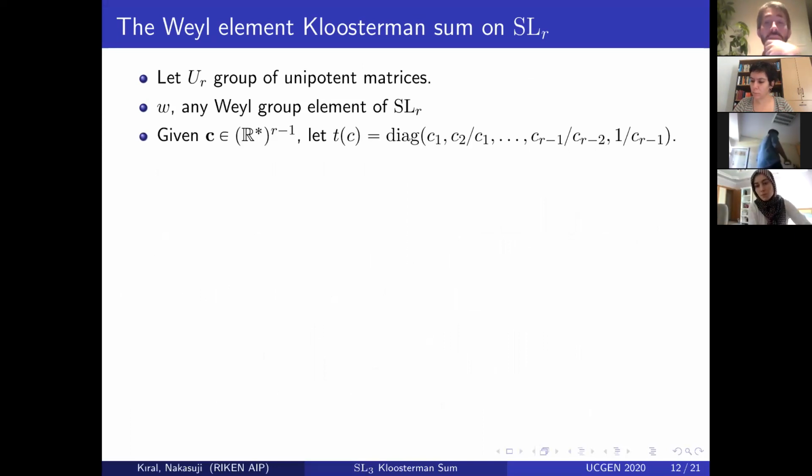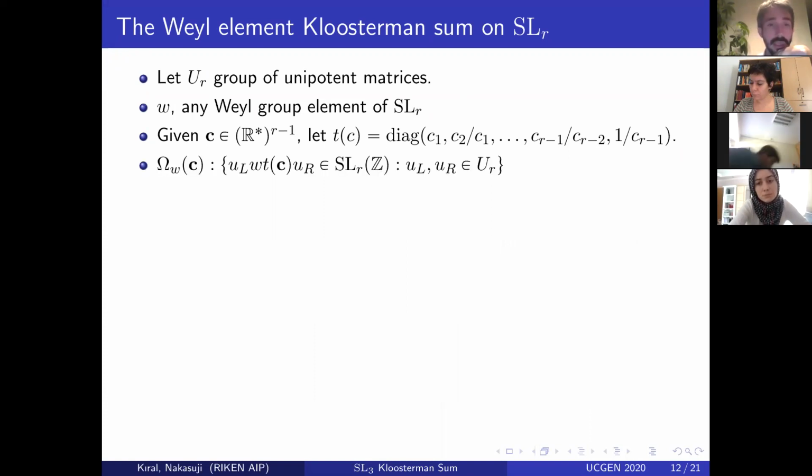Anyway, this is just a notation for the diagonal, since we're dealing with SLR, determinant 1 matrices. All the terms multiplied have to give you 1. So this is the double coset given a diagonal and given a Weyl group element.